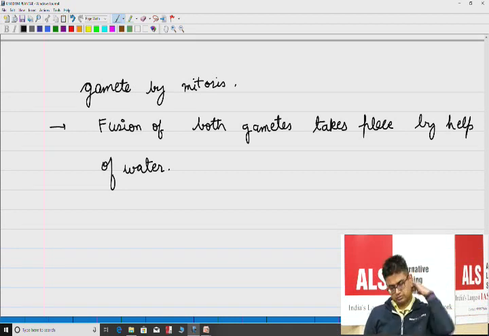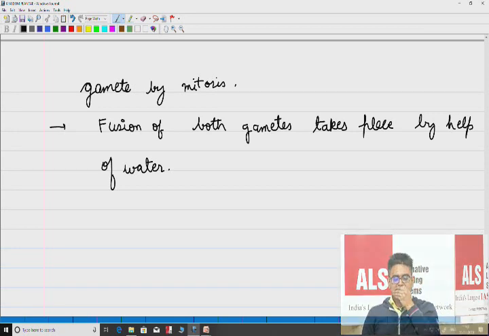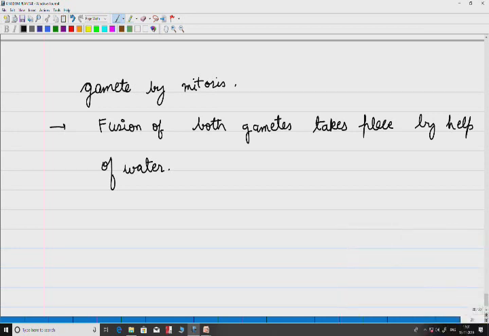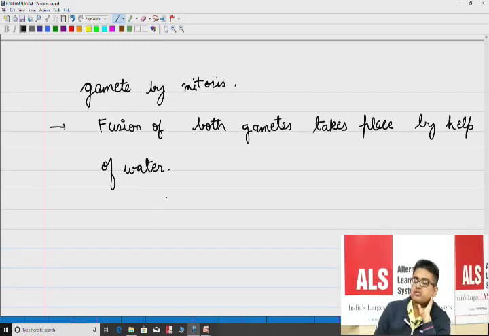So because of that, there is an amphibious plant habit. That is why it is called the amphibians of the plant kingdom. Male gametes are flagellated, motile, and swim in water.